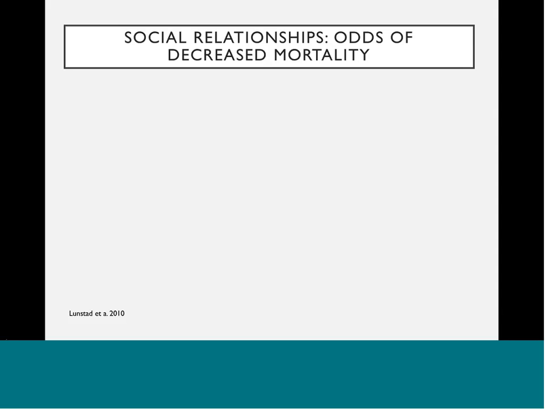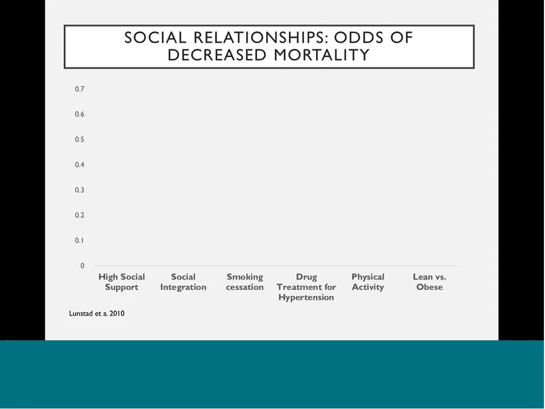What we're looking at here is a meta-analysis published a few years back that shows the odds of decreased mortality across a range of different predictors, in comparison to social relationships. We have high social support and social integration, and you can see that both significantly increase the odds of survival.